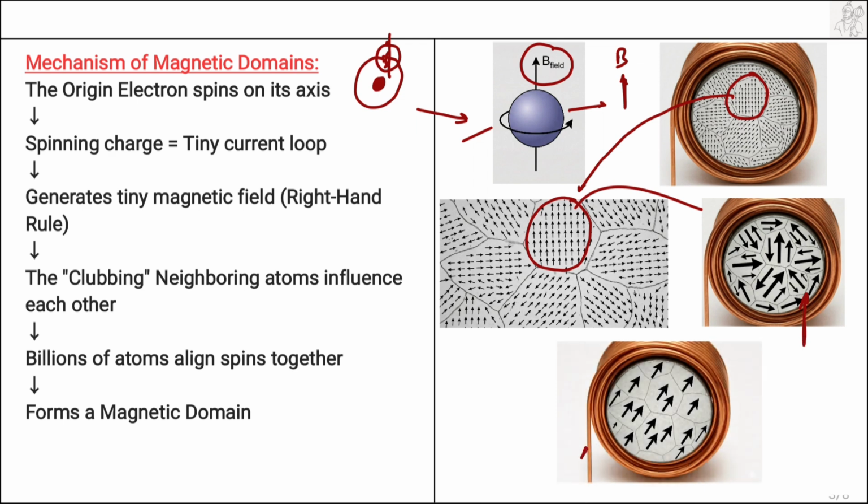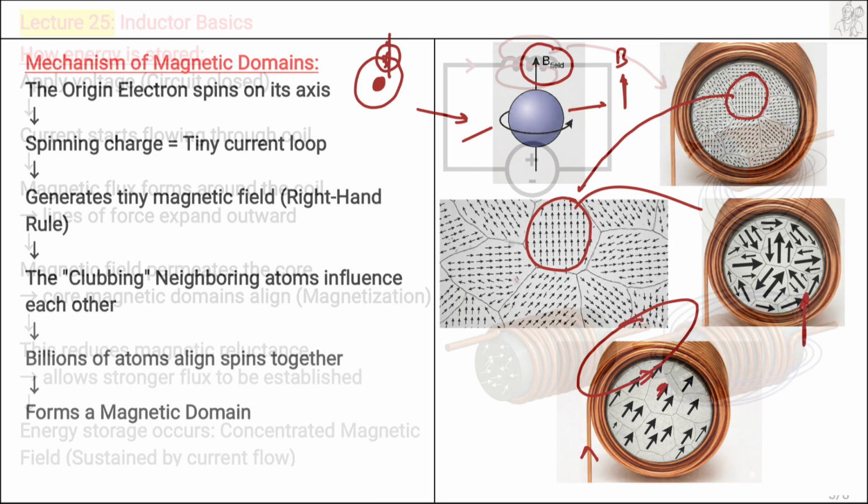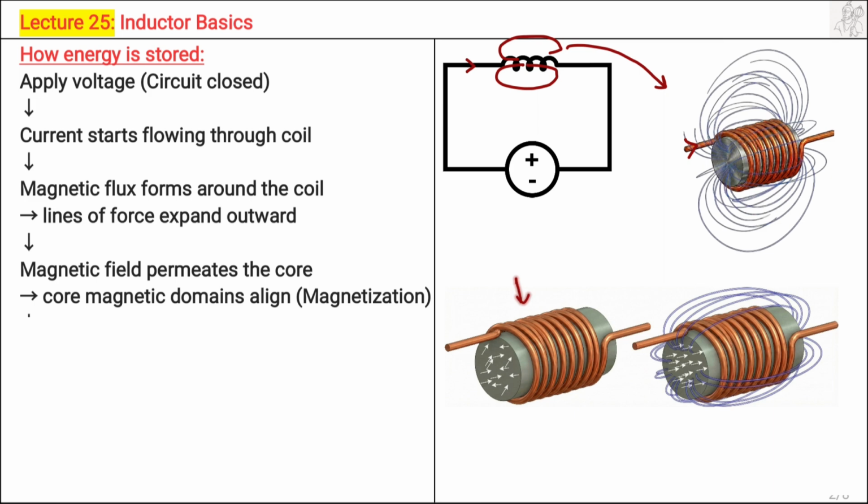So what happens when the current flows through the coil? Due to this flow of current, there will be a magnetic field established around the coil, and this magnetic field will align all these magnetic domains in a similar direction. This can be seen from this image as well. Initially, the magnetic domains were randomly aligned, but due to the magnetic fields, these magnetic domains will be aligned in a particular direction.